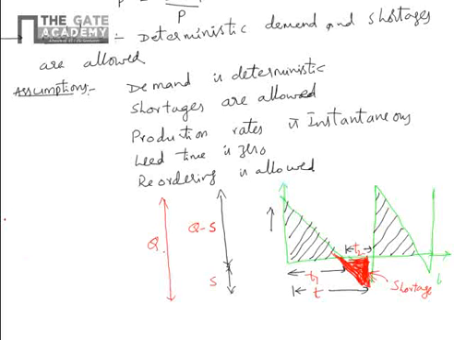Next, notations. Q is the order size. S is the shortage. C3 is ordering cost, anyway, we know that. T1 is the stock replenishment time for zero inventory.